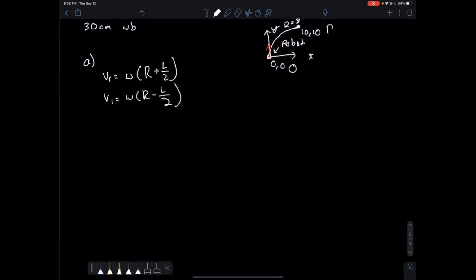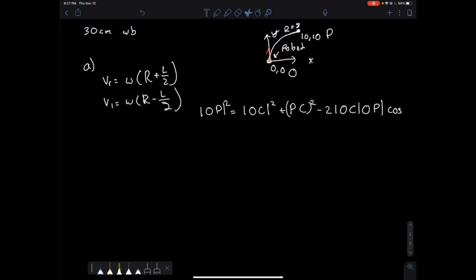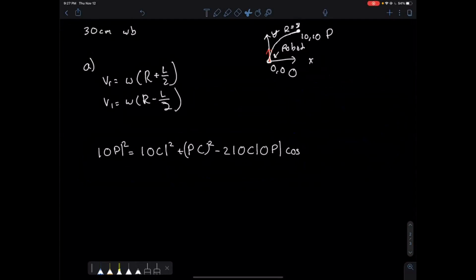We're going to call this one O, we're going to call this one P. And so we can use OP squared equals OC squared, OC being our center, plus PC squared minus 2 OC OP times the cosine of omega times t, change in time.